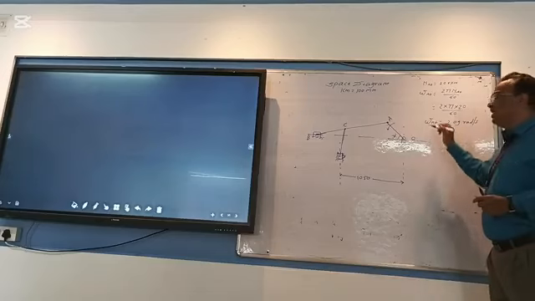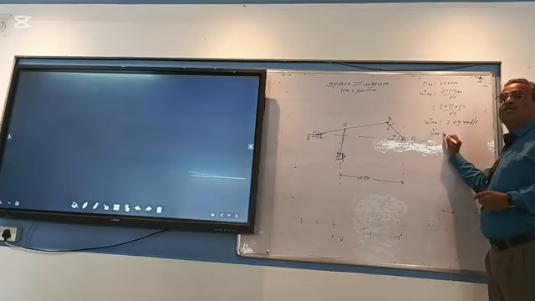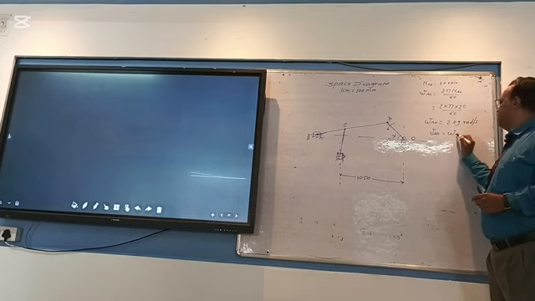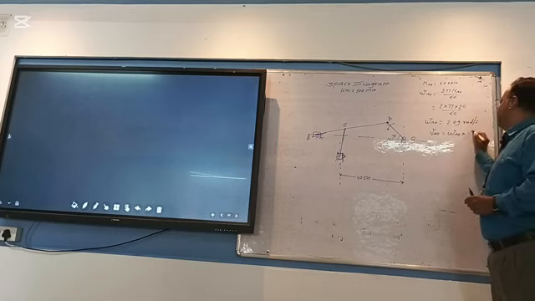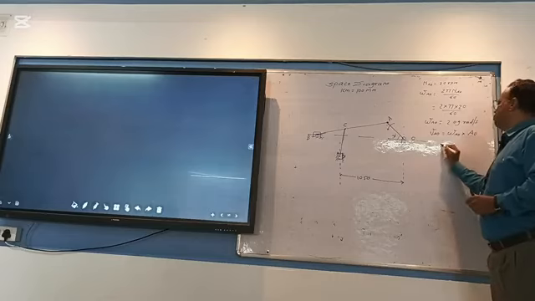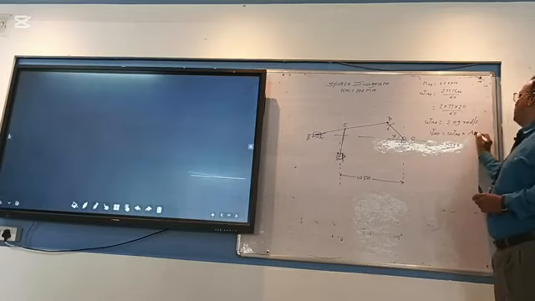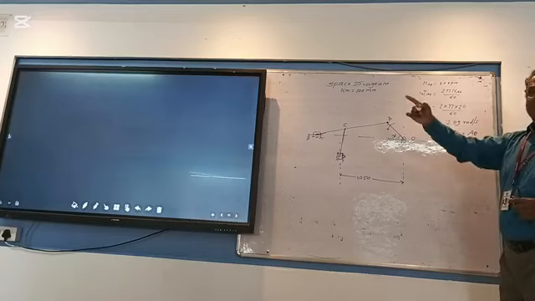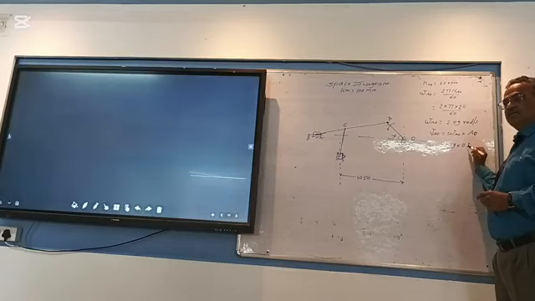After getting omega, you must be able to calculate the linear velocity. Linear velocity is given by omega multiplied by the radius of that link. So omega is 2.09 multiplied by the length of AO link, 0.3 meter.